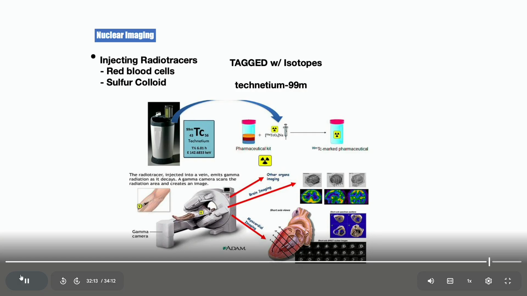Nuclear imaging by tagging the RBC with the radioisotope technetium-99 involves injecting this tagged RBC and placing the patient in a nuclear medicine suite under a gamma camera to identify any extravasation of the radio tracer.